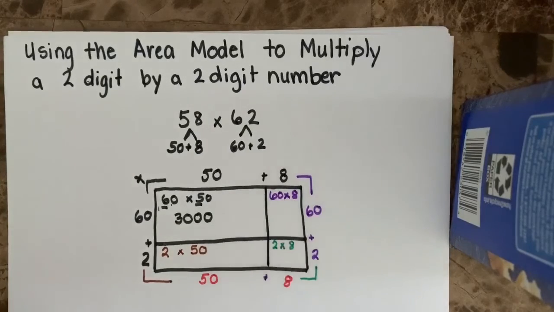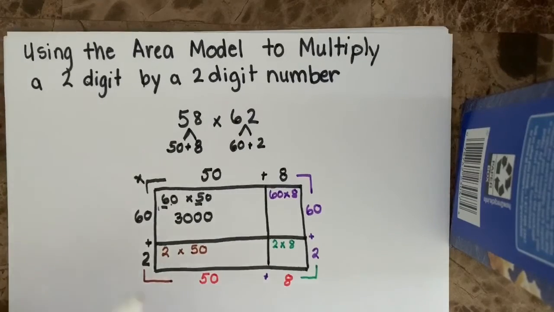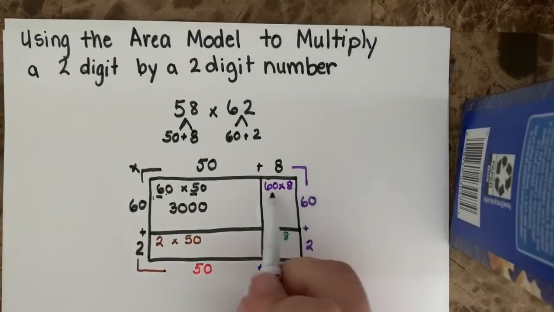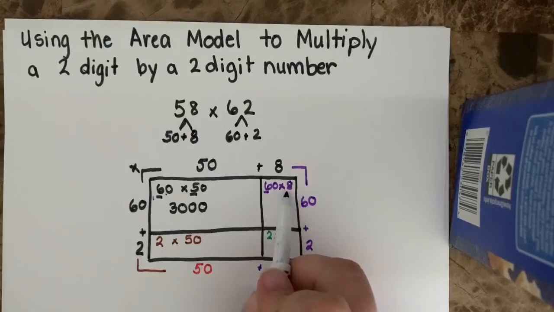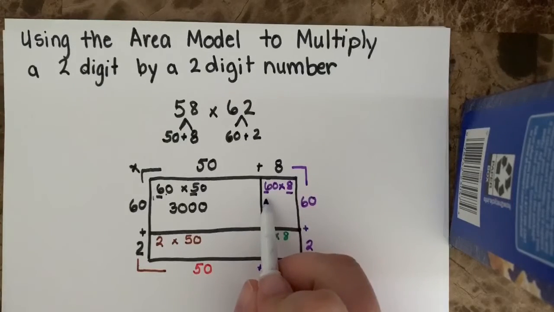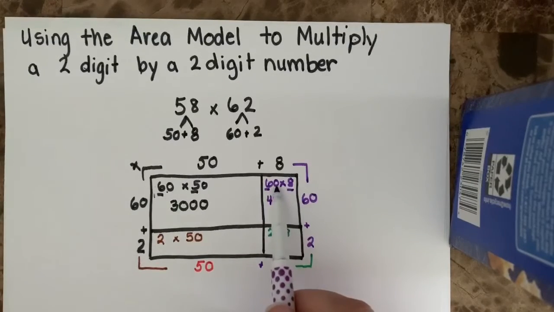So now I'm going to go over here to 60 times 8. And again, I'm going to use my basic fact. 6 times 8 is 48. And I have a 0 over here because I'm multiplying by 6 tens. So I have to put that 0 in my answer to show that I multiplied by 6 tens.